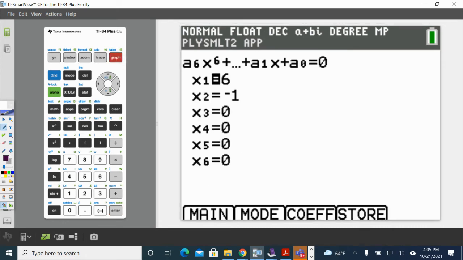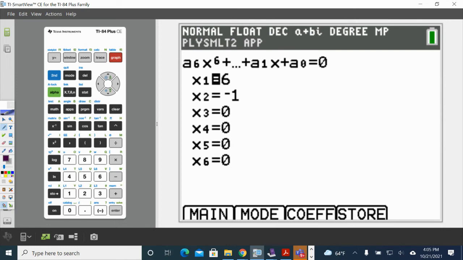And what you see here are the actual solutions. So one of my x's is a 6, another x is a -1, and then the rest of them are 0. So looking at these answers, my solutions are 6, -1, and 0. And 0 has a multiplicity of 4.